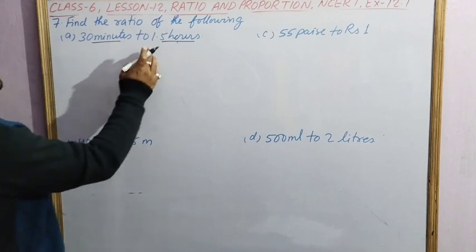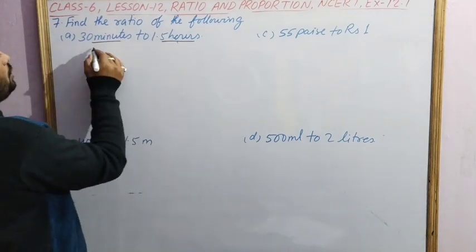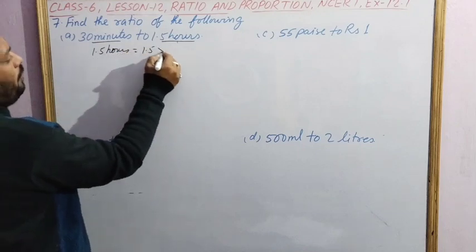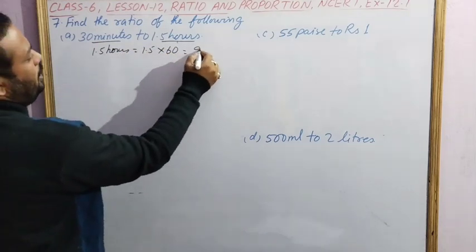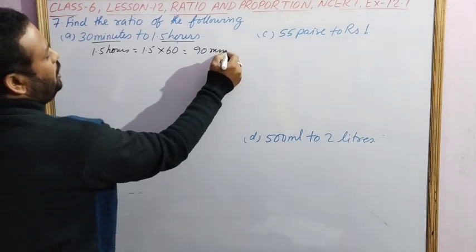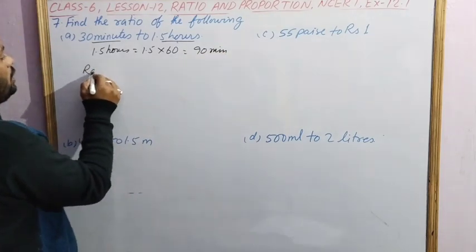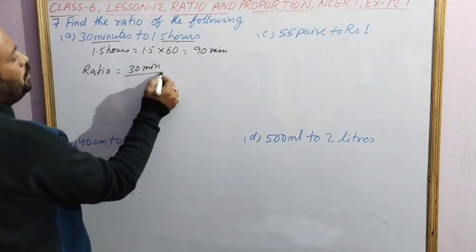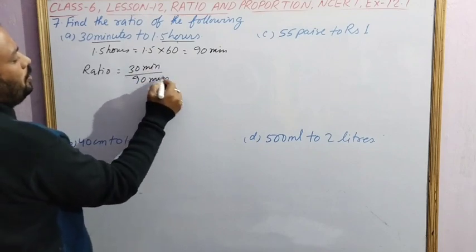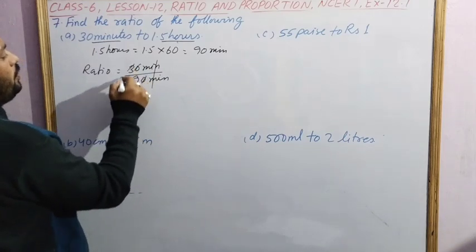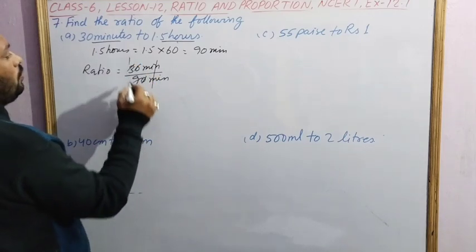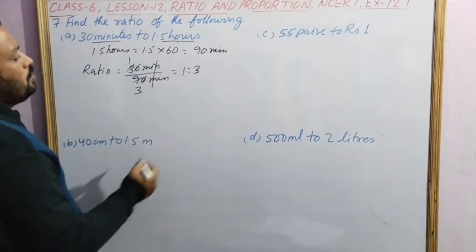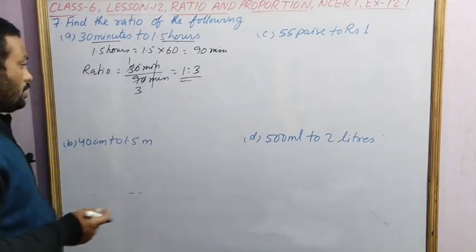So we will change 1.5 hours into minutes. 1.5 hours is equal to 1.5 into 60, that is 90 minutes. Now we will find the ratio between 30 minutes and 90 minutes. Minutes cancelled, 30 is 3 times 10, 90 is 9 times 10, so 1:3. This is the ratio.